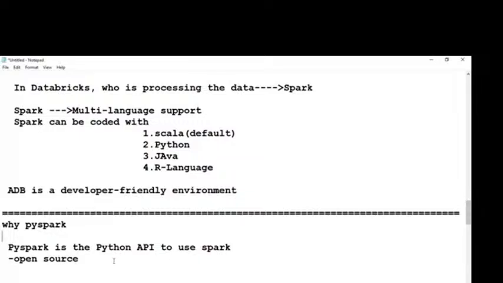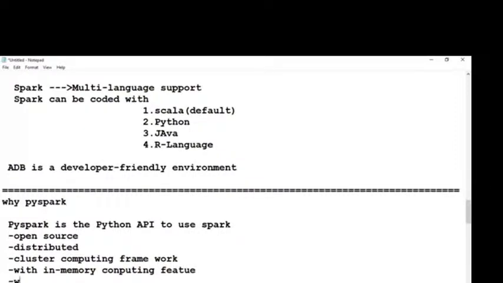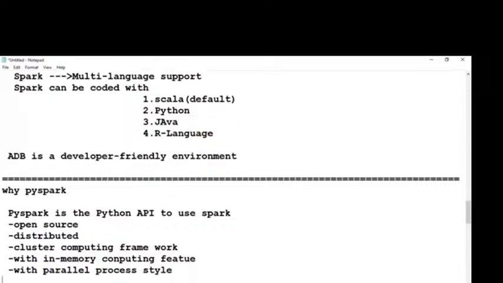It is an open source, distributed, cluster computing framework with in-memory computing feature and with parallel processing style, used for large scale data processing.